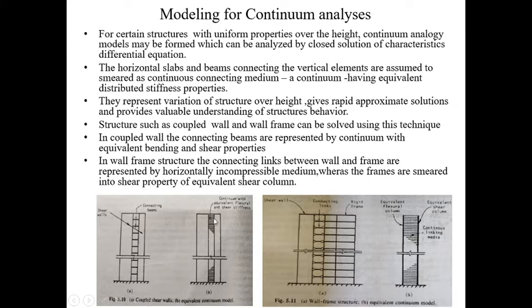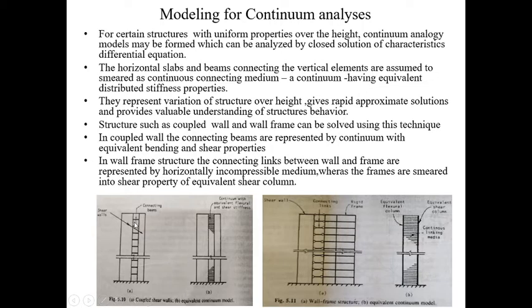Here it is represented how shear wall 1, shear wall 2, and the connecting beam are represented by a continuum with equivalent flexural and shear stiffness. So it is represented by a continuum material having equivalent flexural and shear stiffness.